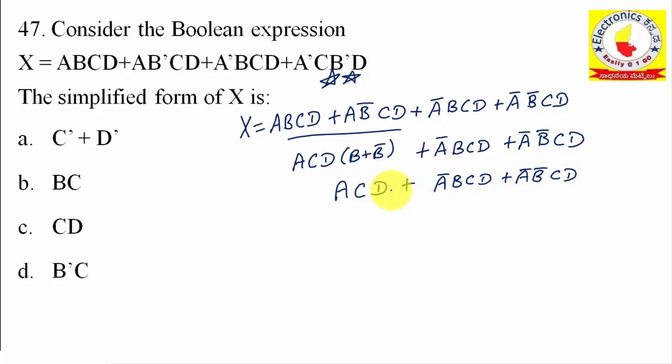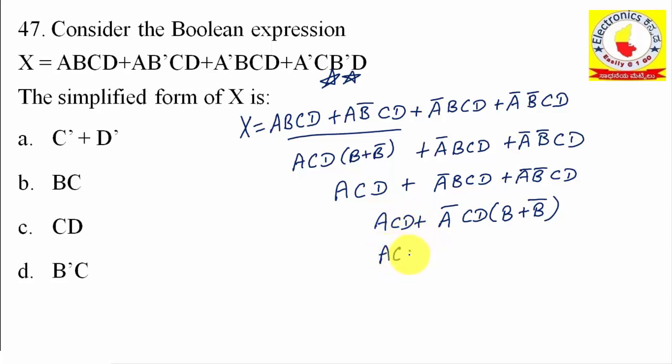So now look at the things carefully. ACD, here it is A bar B CD and here it is A bar B bar CD. Now A bar CD I am going to take as common. It is B plus B bar, plus ACD.